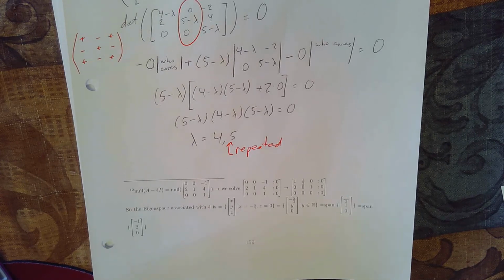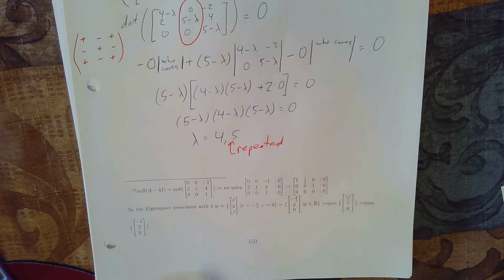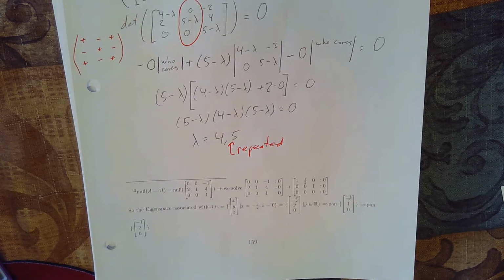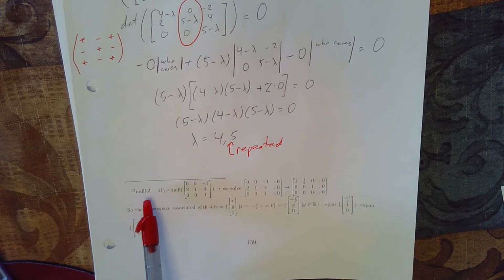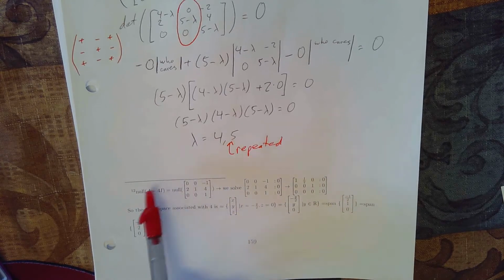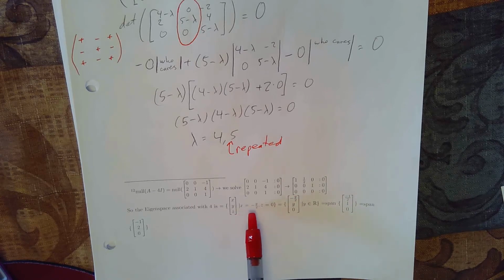We already found the eigenspace for the eigenvalue associated with 4. Remember, our process for finding these eigenvectors is to find the null space of A minus lambda times the identity. So when lambda was 4, we found its null space, and what we found is that our conditions are x equals negative y over 2 and z equals 0.